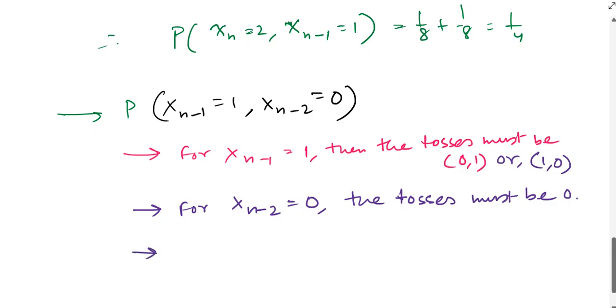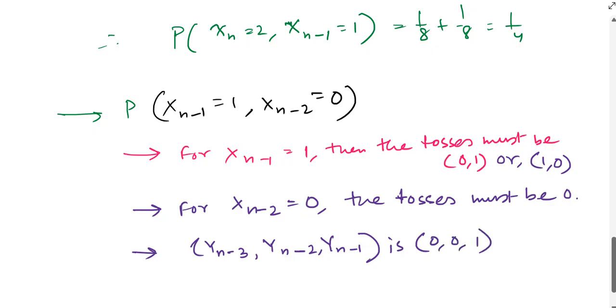So the only compatible sequence for Y(n-3), Y(n-2), Y(n-1) is 0 0 1.